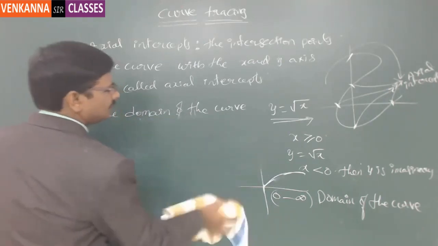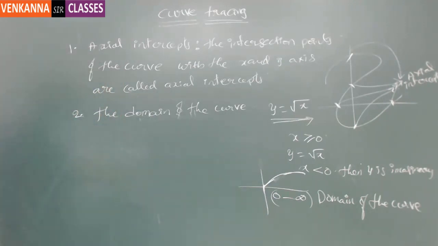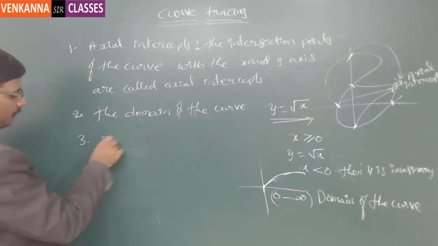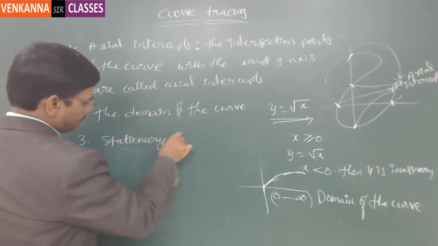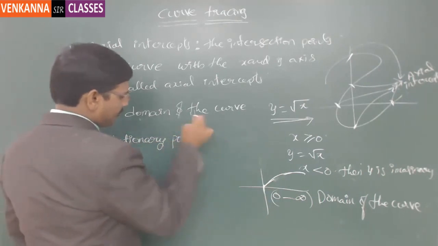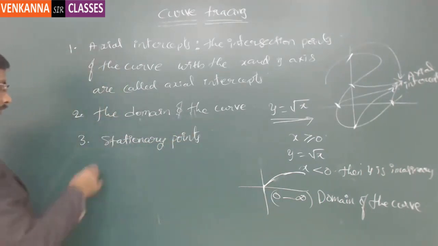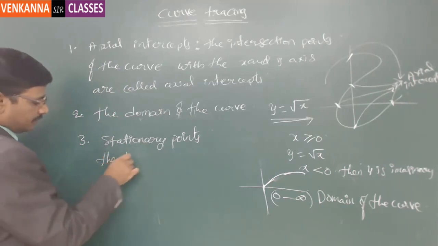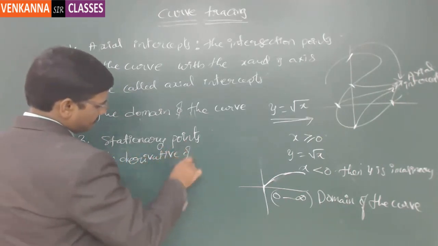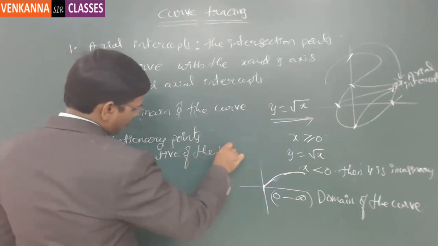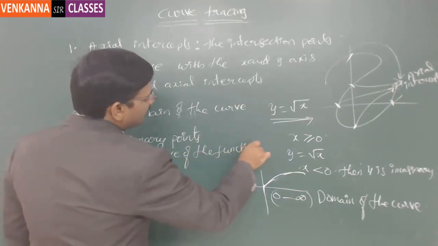So this is the domain of the curve. And the next one is stationary points. By stationary points, we mean the points where the derivative of the function is equal to 0.